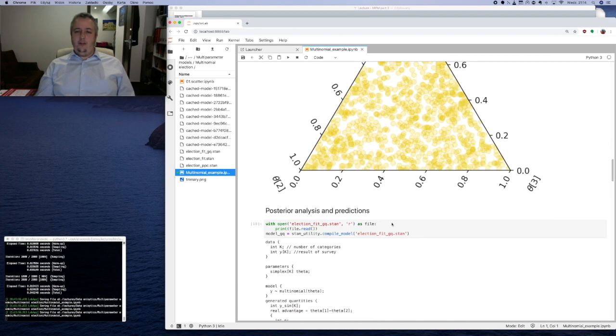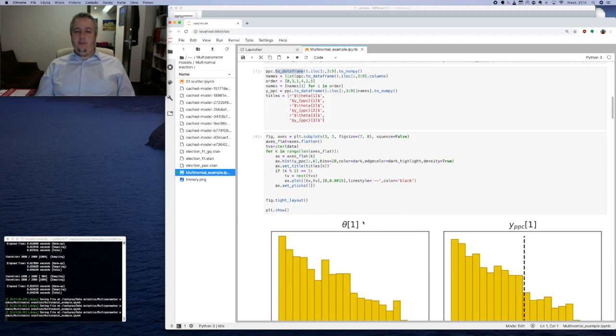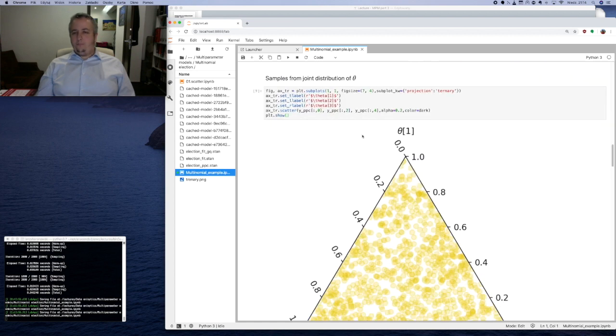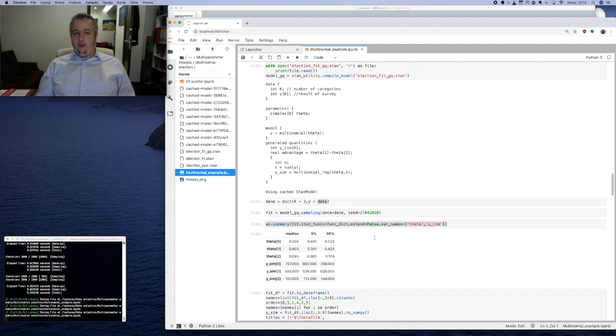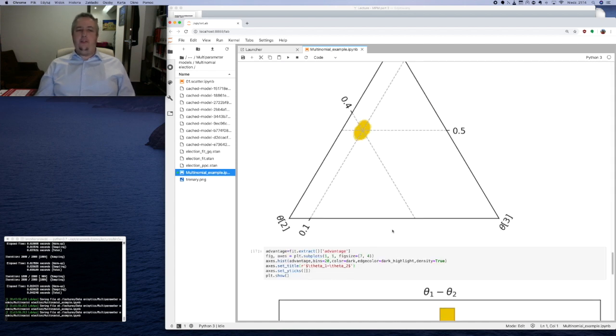You can try adding some prior information, so you can modify the prior model, for example, assuming certain prior information.